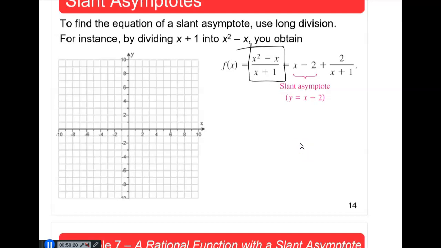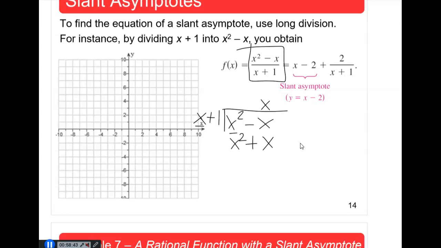So if we take x squared minus x and divide that by x plus 1, we divide x squared by x, and that gives me x. Then I multiply x times x is x squared, and then x times 1 is positive x.